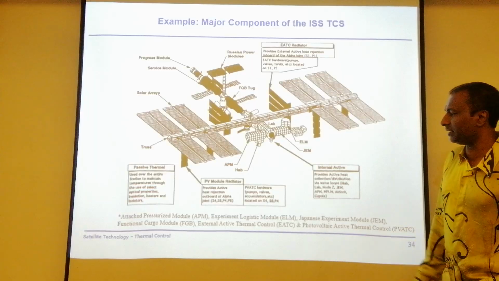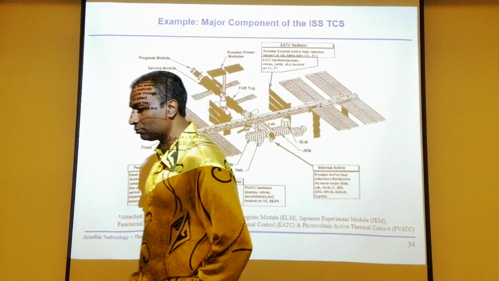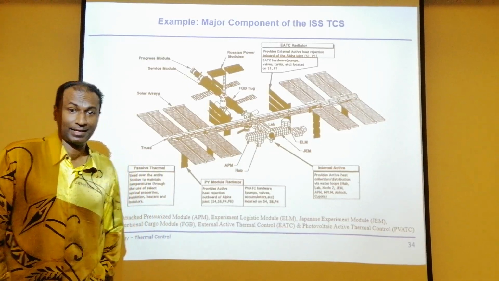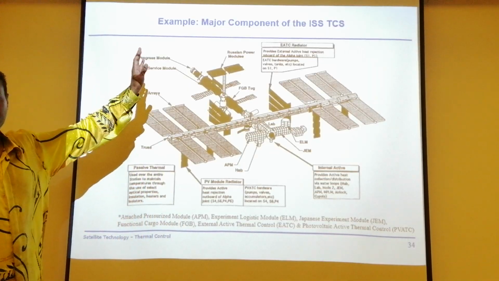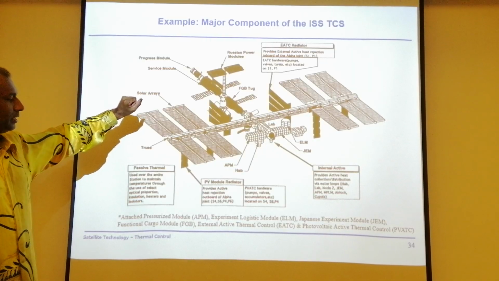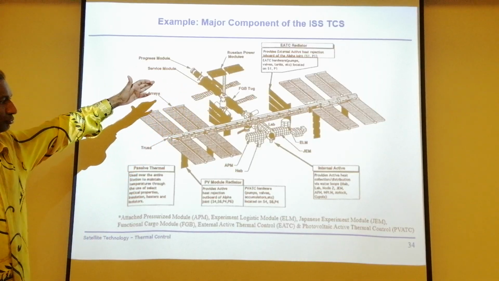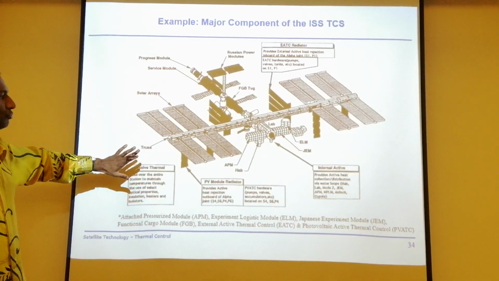Now, as I've mentioned to you, the most complex thermal control system is even much more complex than the satellite itself. It's basically our space station. It is very, very complex. You will have active thermal control, external thermal control, and also passive thermal control.